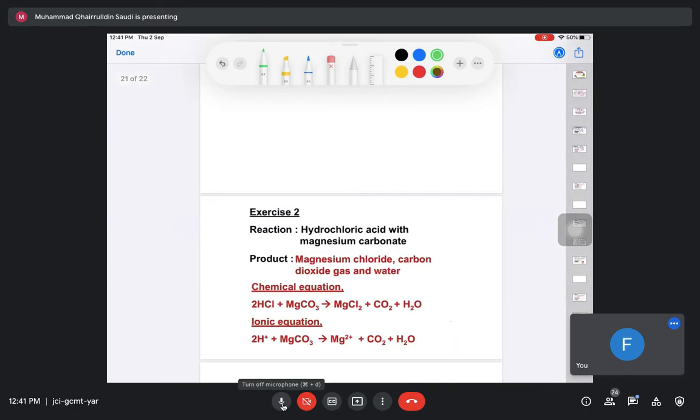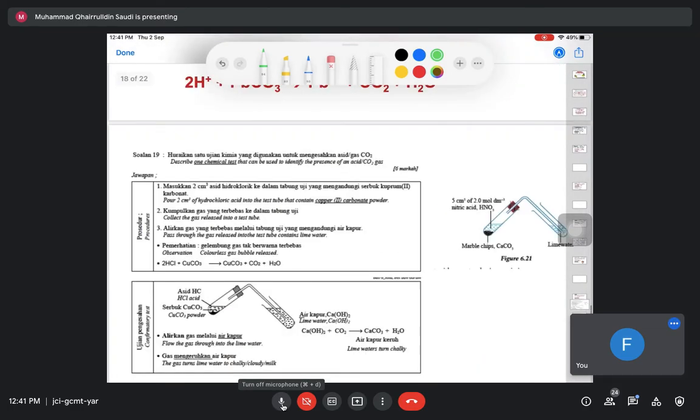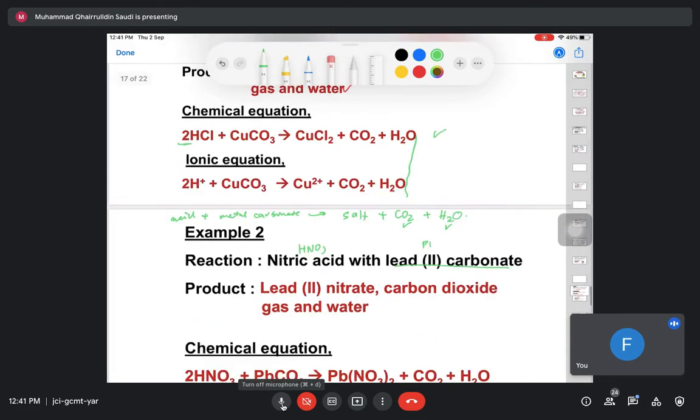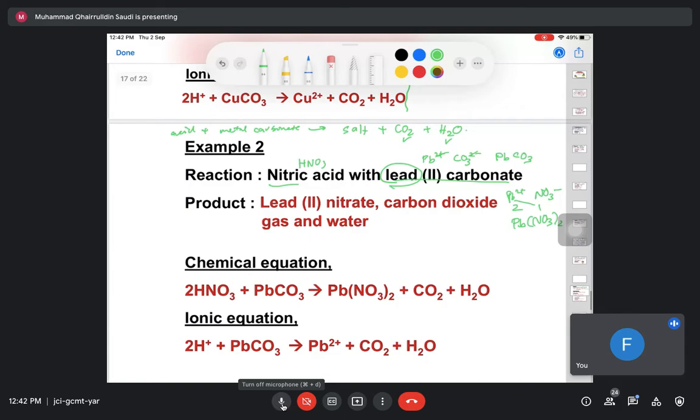Lead 2 carbonate, Pb2+ CO3 2-. Sama, tulis saja PbCO3. So lead 2 carbonate is PbCO3. Okay, so the salt will be lead nitrate. So lead Pb2+, nitrate NO3-. 2, 1. Pb darab 1, Pb NO3 darab 2, NO3 2. And then masukkan dalam equation and then you balance the equation.